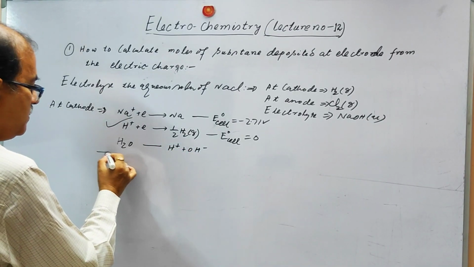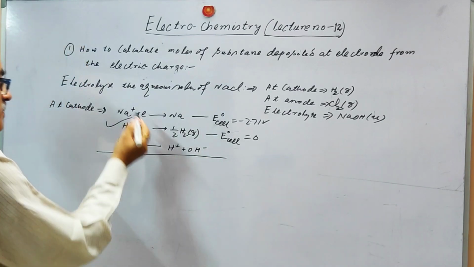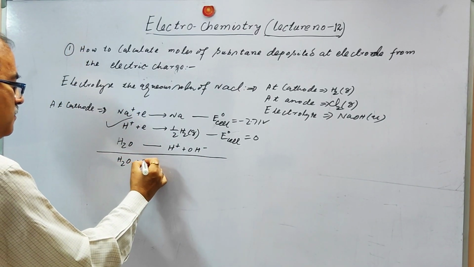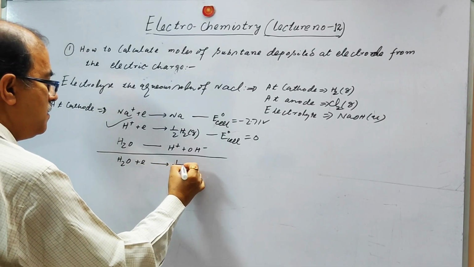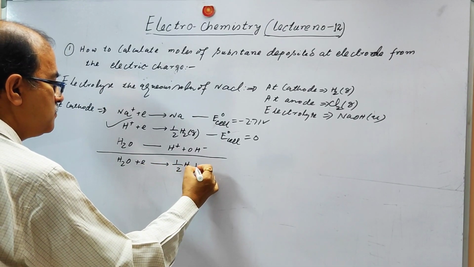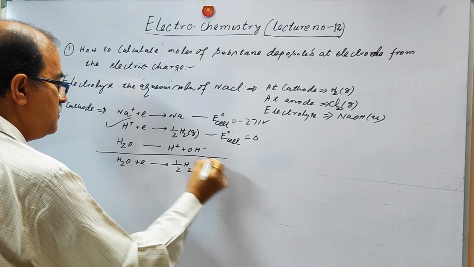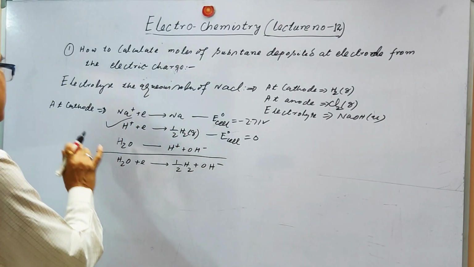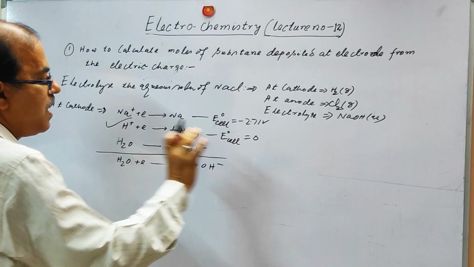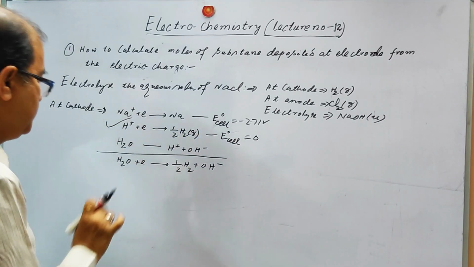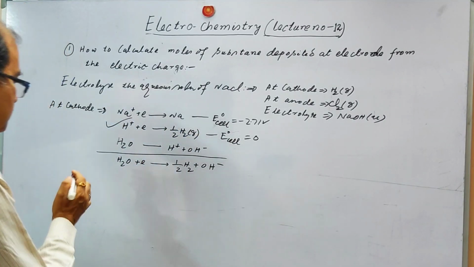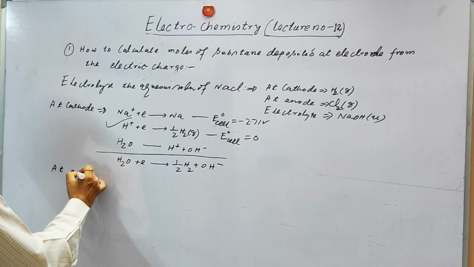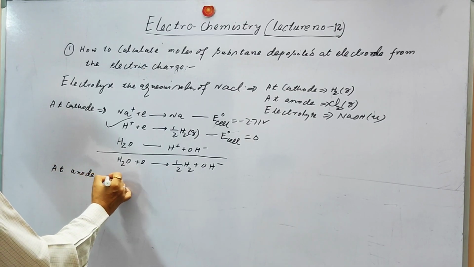So we can write this reduction equation as half H2 plus OH-, where the hydrogen ion cancels out. So this will be the overall cathode reaction and it is going to happen. It will get the preference. Now we come to the anode. At the anode, what will we get? Let us understand.